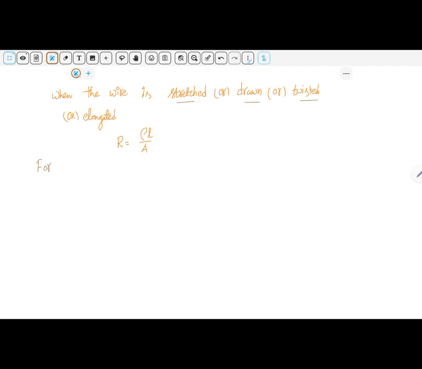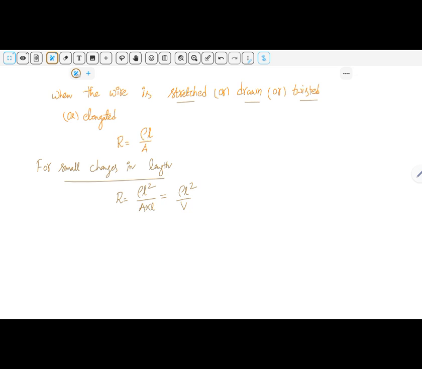So for small changes in length, first we need to multiply the right side of the equation with L and divide with L. So that I will get R is equal to rho L square by A into L. Now it will give us rho L square by V. Now when the wire is stretched or twisted, the volume remains constant.